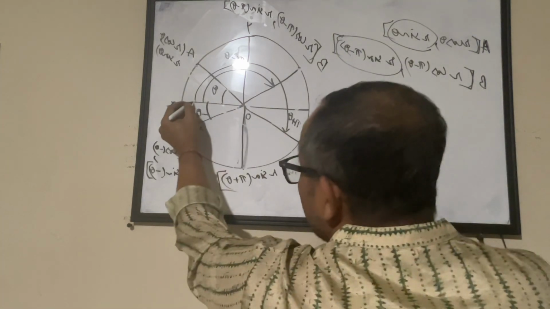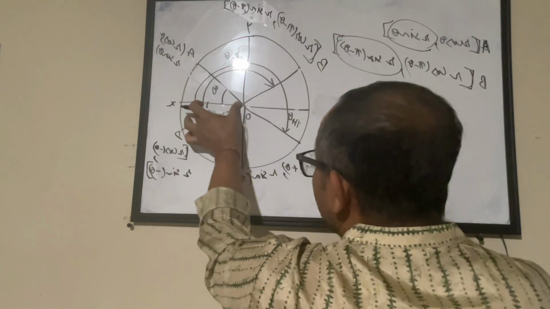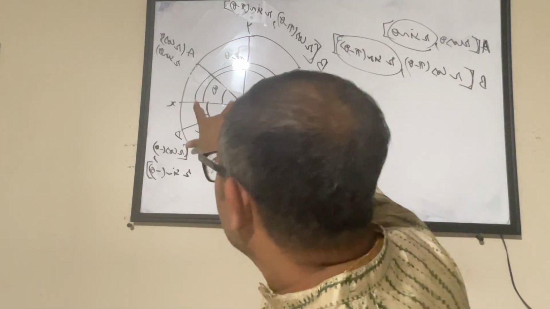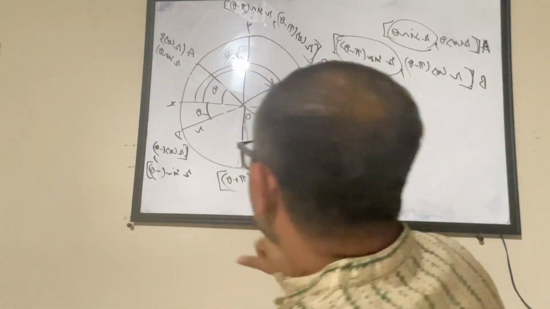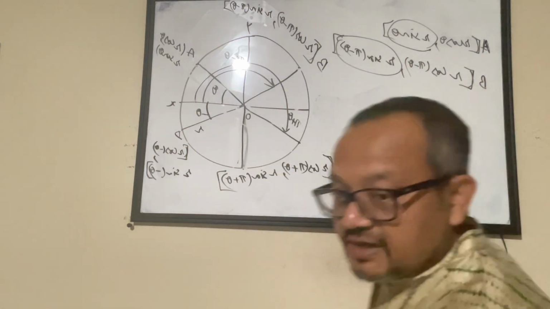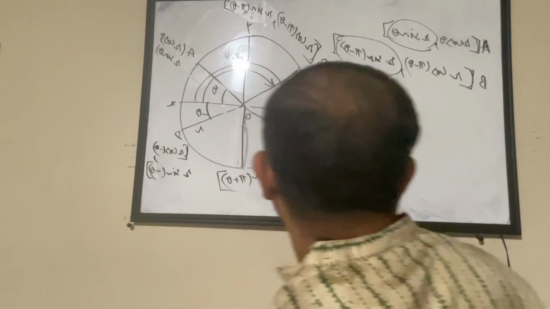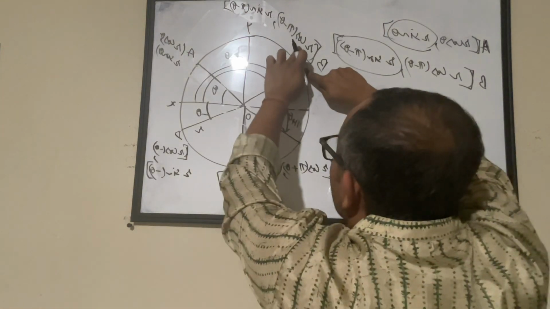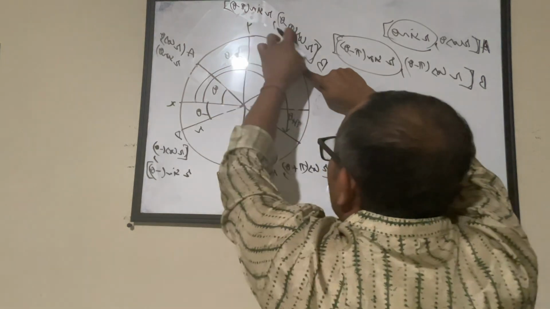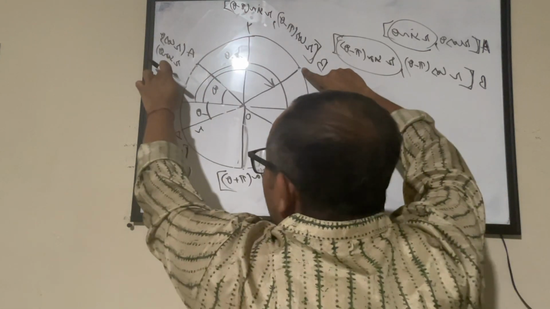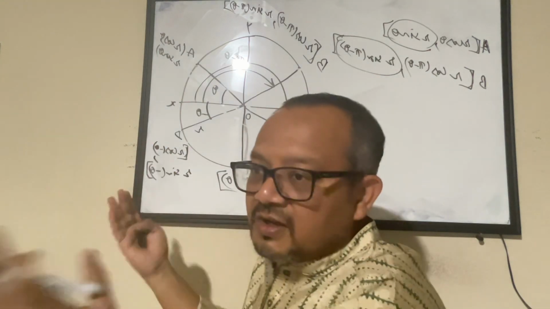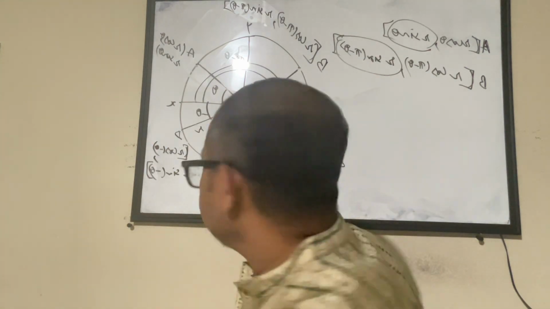Here my x-coordinate is positive, and here my x-coordinate is negative. That means whatever value comes from this point's x-coordinate and that point's x-coordinate, they are the same value but with an opposite sign.